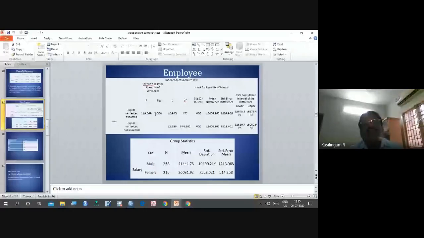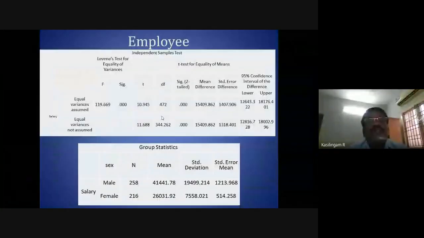Now, this value is significant. What do you mean by significant? The F significant value is 0.000, which is less than 0.05.